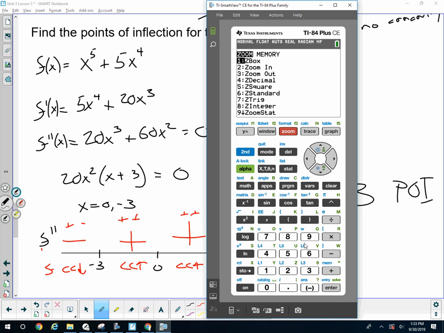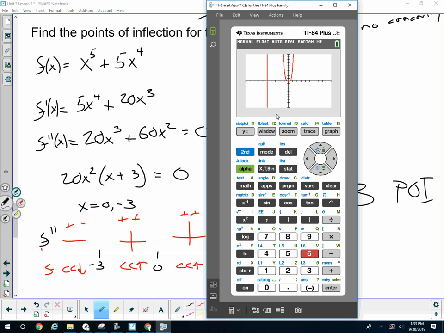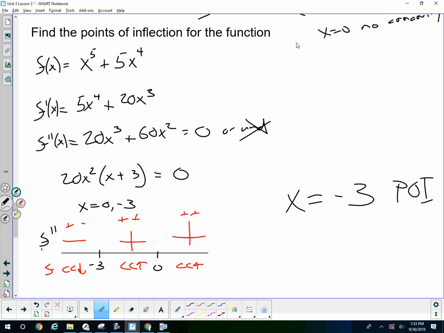Let's just go back to Zoom Standard. We'll see concave down until -3, and at -3 it changes to being concave up, flattens out significantly at 0, and then concave up from there. If I zoomed out, we'd be able to see that point of inflection a little bit clearer. Okay?